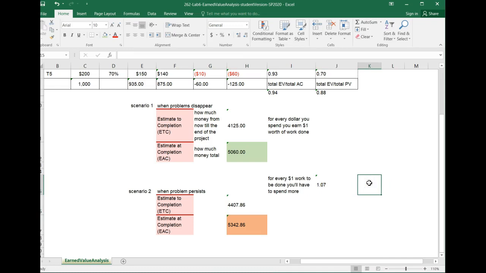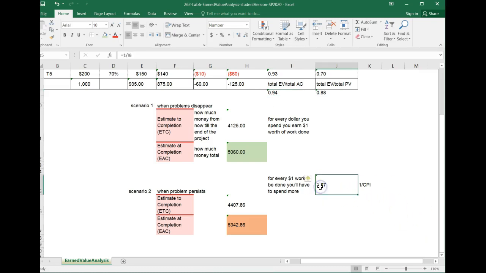I'm going to write it down for you here: 1 over CPI. CPI is saying that you get 94 cents worth of work for every dollar spent.